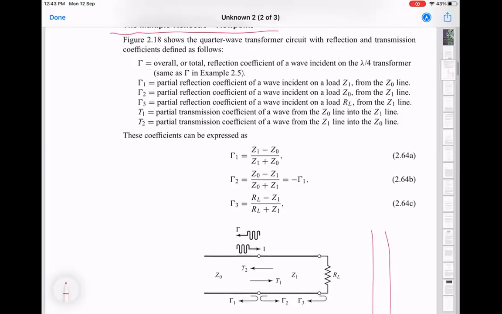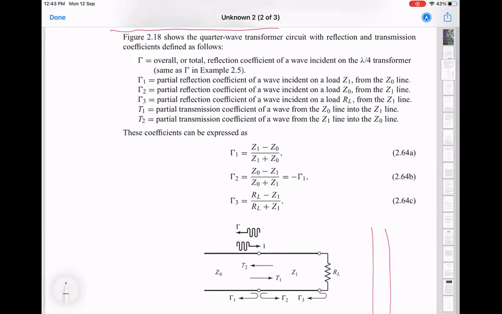Here is the picture again. At the bottom, you have a transmission line which is feeding this Z0. That's our source. Then you have the quarter wave transformer of length L and characteristic impedance Z1, and the load RL. So if you now look at this list here, let's go through it one by one.